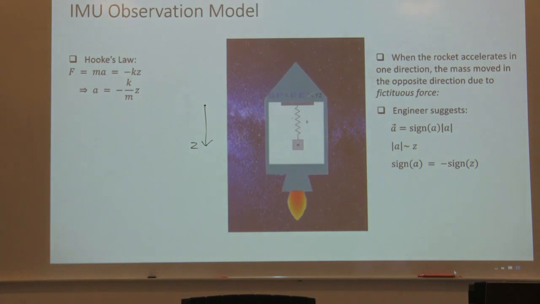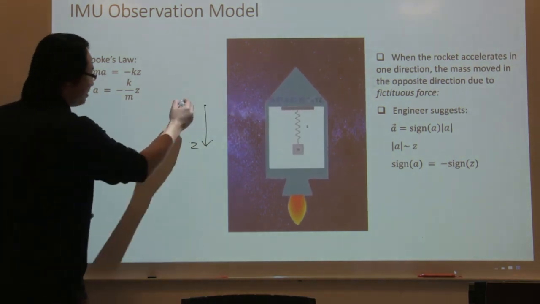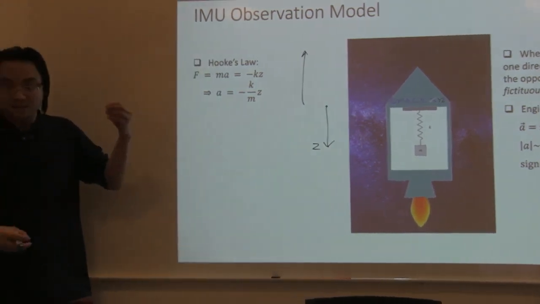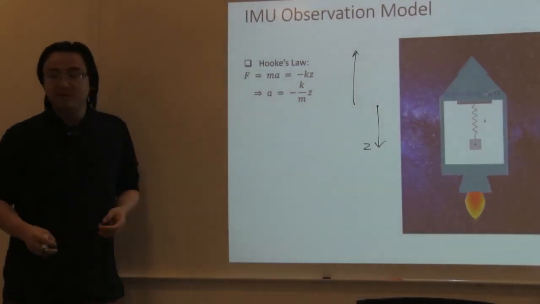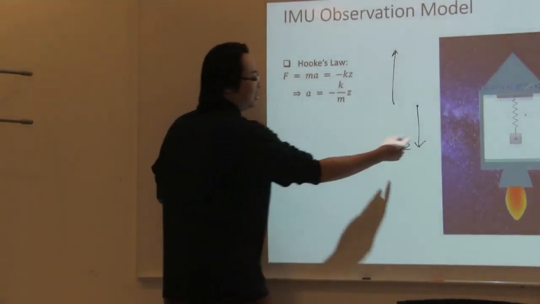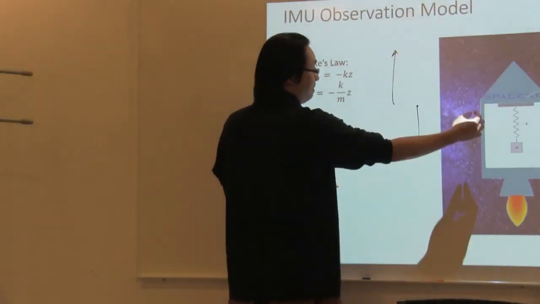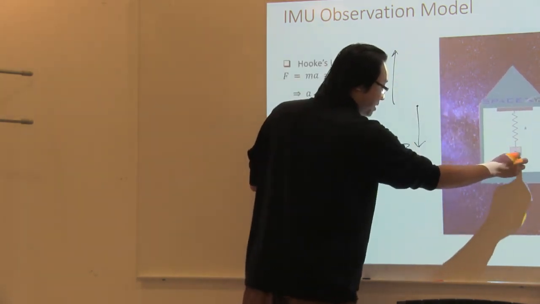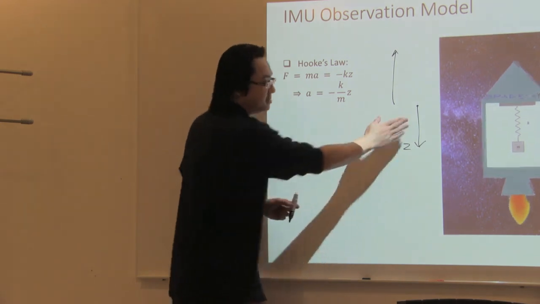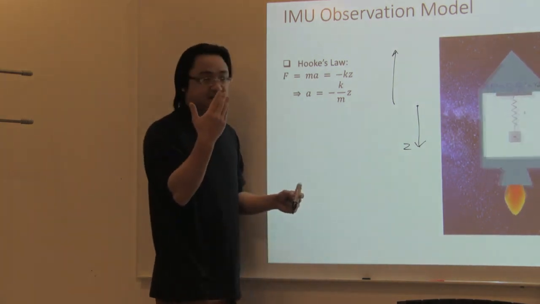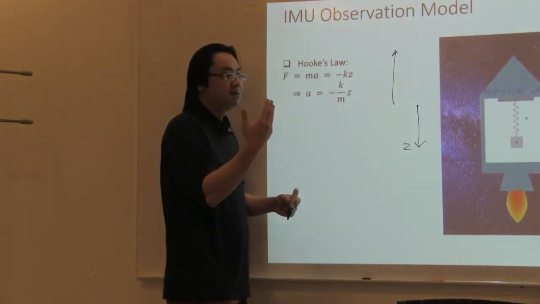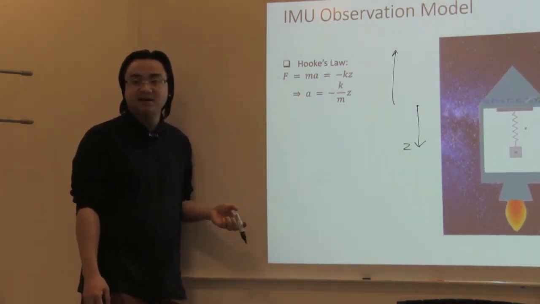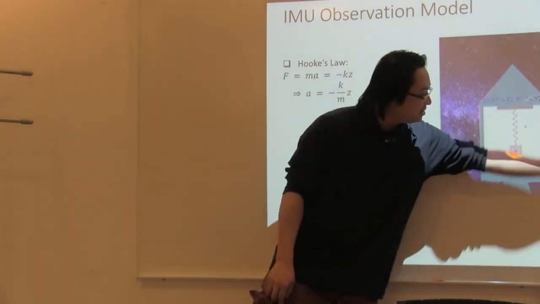If you put the Z upwards, it's also the same, because the displacement is always in the opposite direction of your frame of reference. When you go up, the mass is going down in this frame because of the fictitious force. So it's always the opposite of your chosen Z. This is how the engineer designed the IMU.